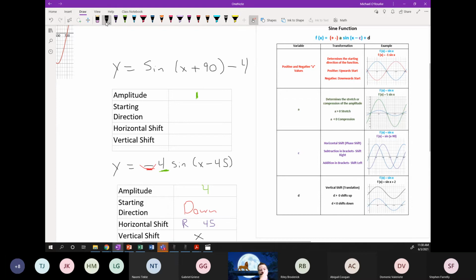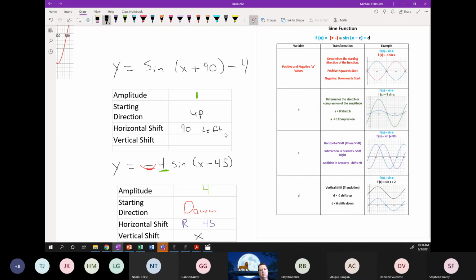What's my starting direction? Up or down? Up. Perfect. What's my horizontal shift if I have one? 90 left. Very good. So 90 left.